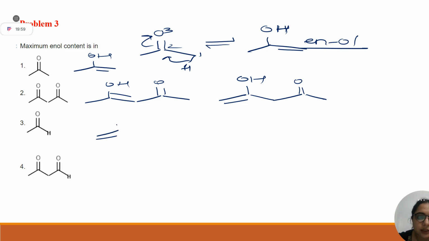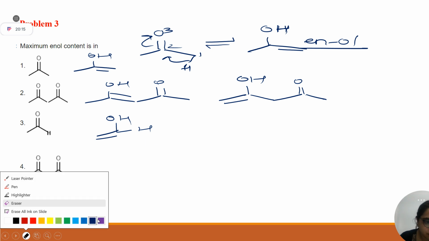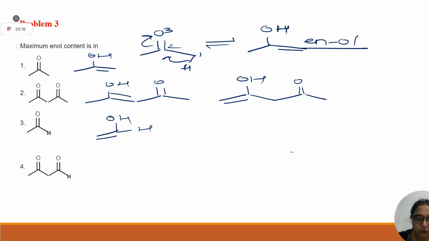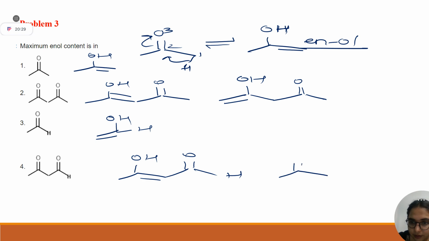And in this possibility, and in the fourth, this one. One possibility is this. One possibility is this.